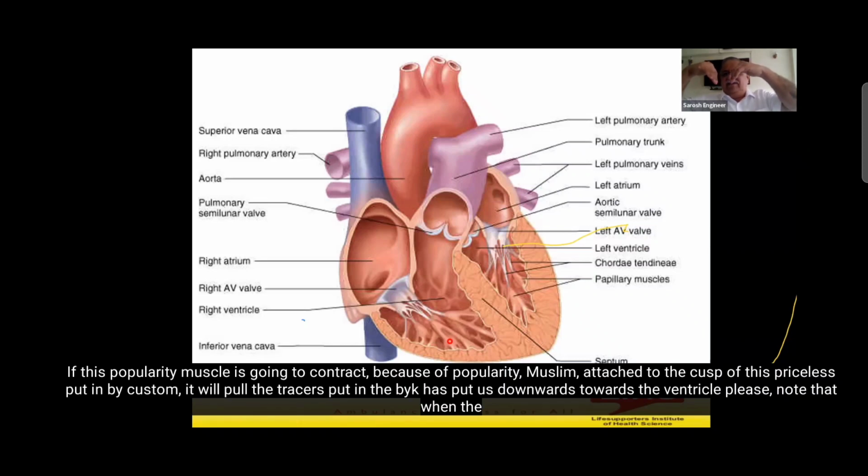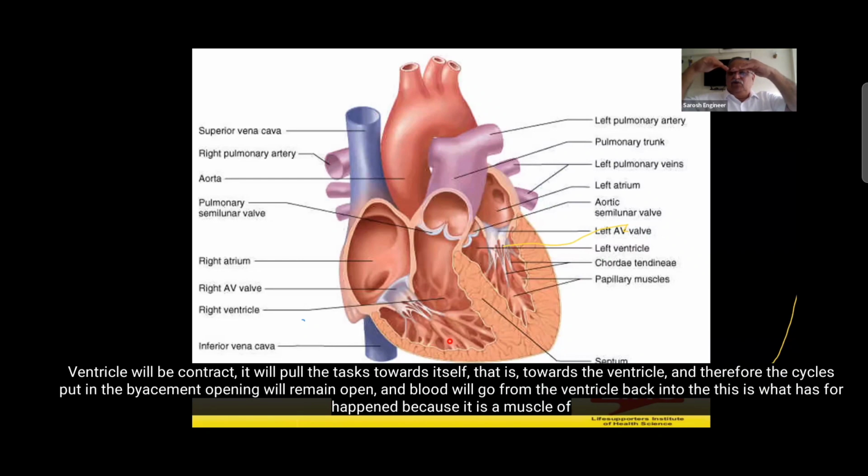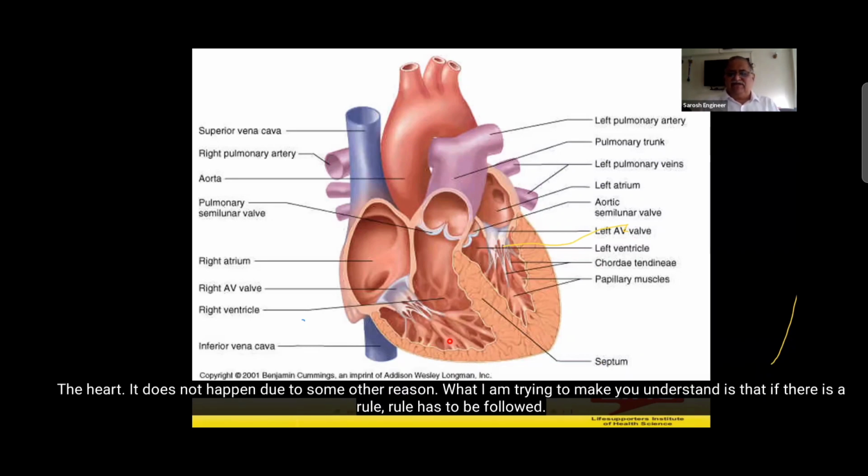Please note that when the ventricle contracts, it will pull the cusps towards itself, and therefore the tricuspid and bicuspid openings will remain open and blood will go from the ventricle back into the atrium. This is what has to happen because it is a muscle of the heart. It does not happen due to some other reason. What I am trying to make you understand is that there is a rule that has to be followed.